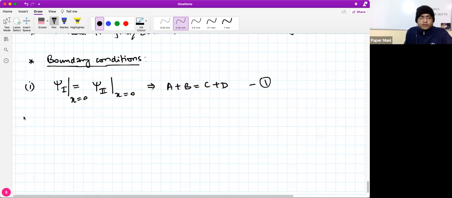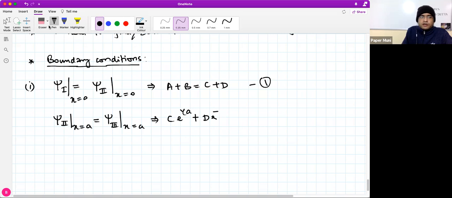Now psi 2 and psi 3 at x equal to a give C e^(γa) plus D e^(-γa) equal to F e^(ika).